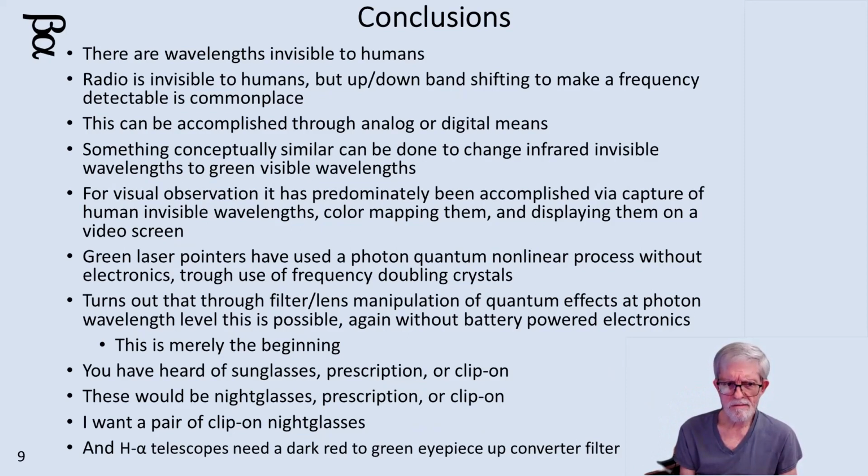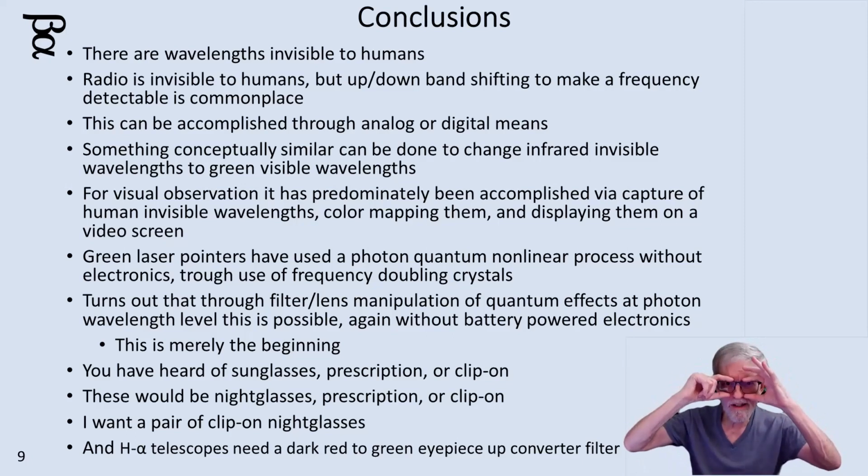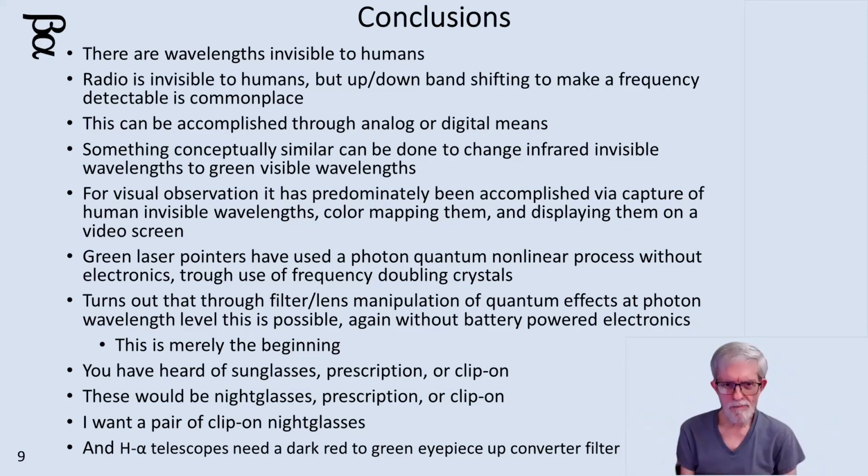Why don't we look at doing the same sort of thing for looking at other things, so that whatever light comes in that's infrared gets transferred to a more easily visible green. If you own prescription glasses like I do, and you don't want to spend a lot of money to buy prescription sunglasses, you get those inexpensive clip-ons that will polarize the light and make your regular glasses into sunglasses.